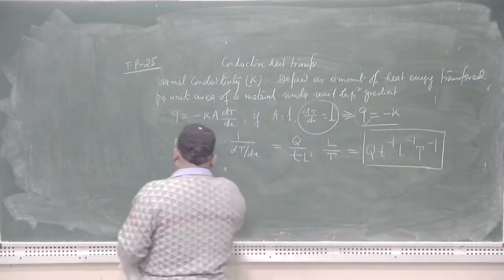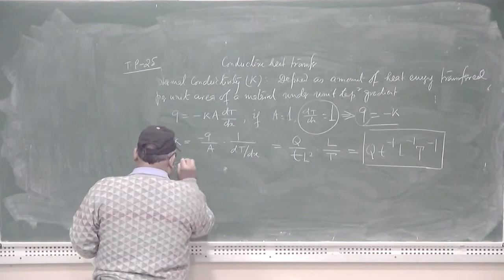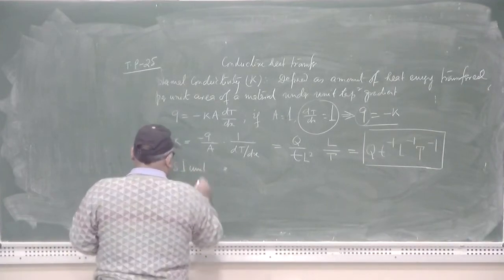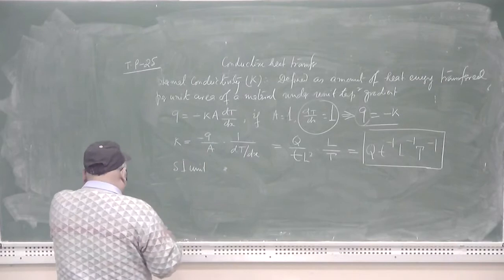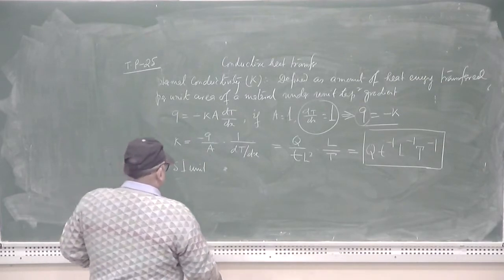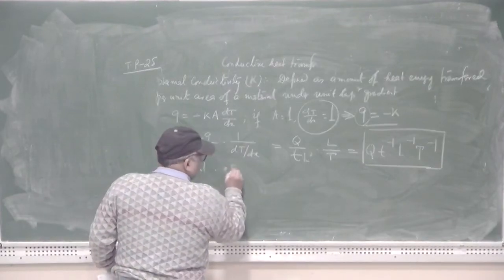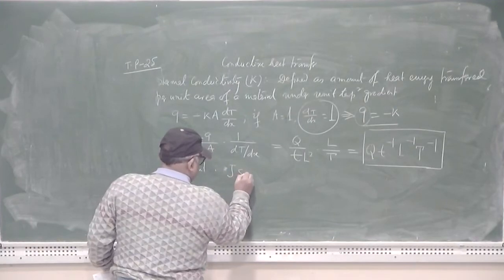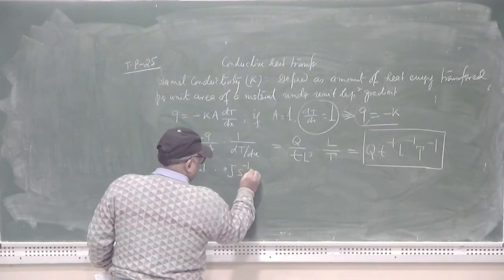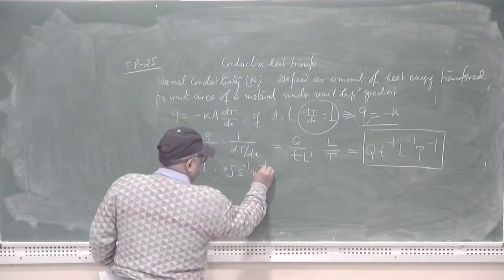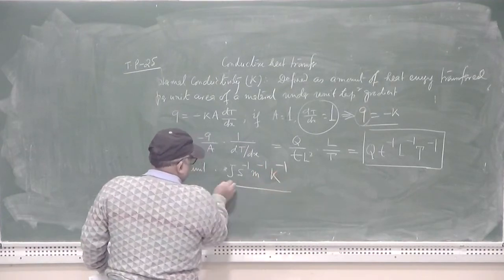So, the SI unit of this thermal conductivity will be equal to joule per second per meter per Kelvin.